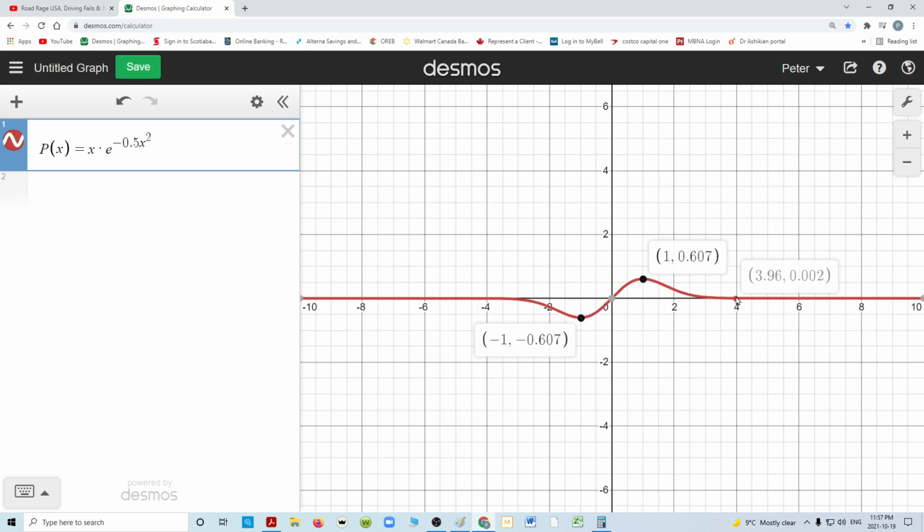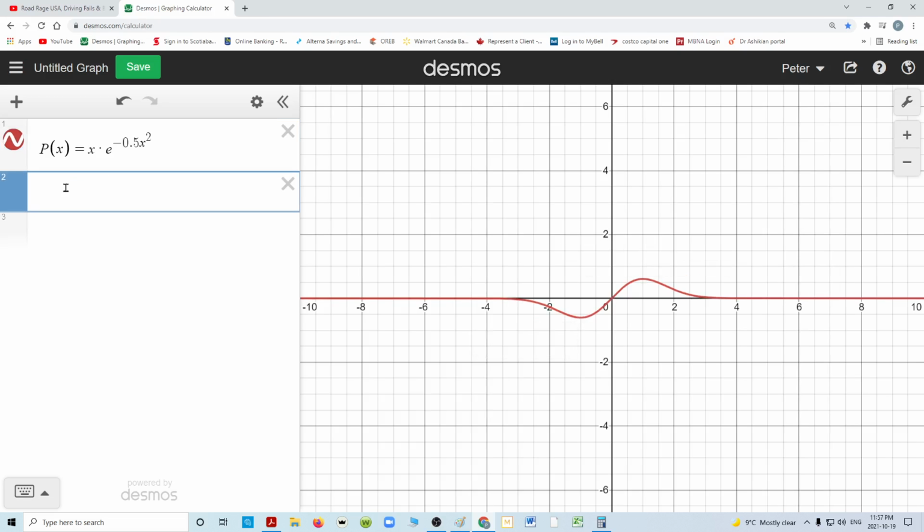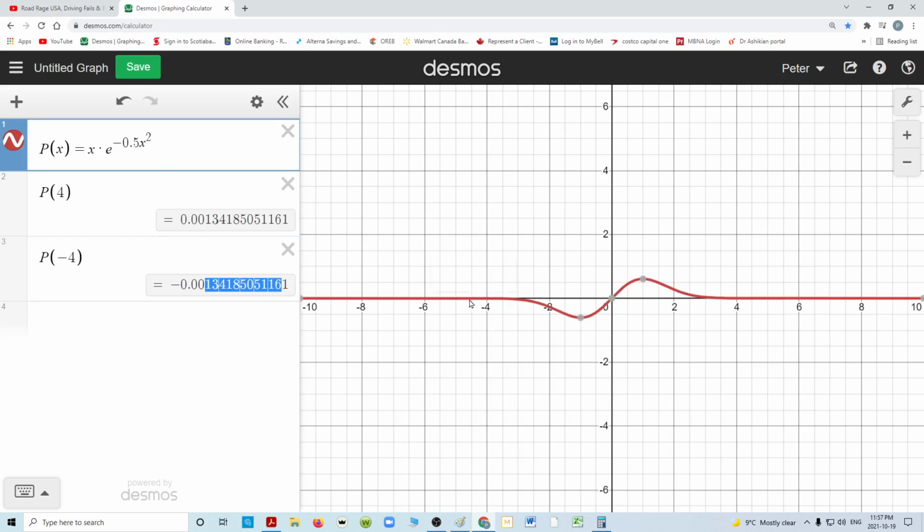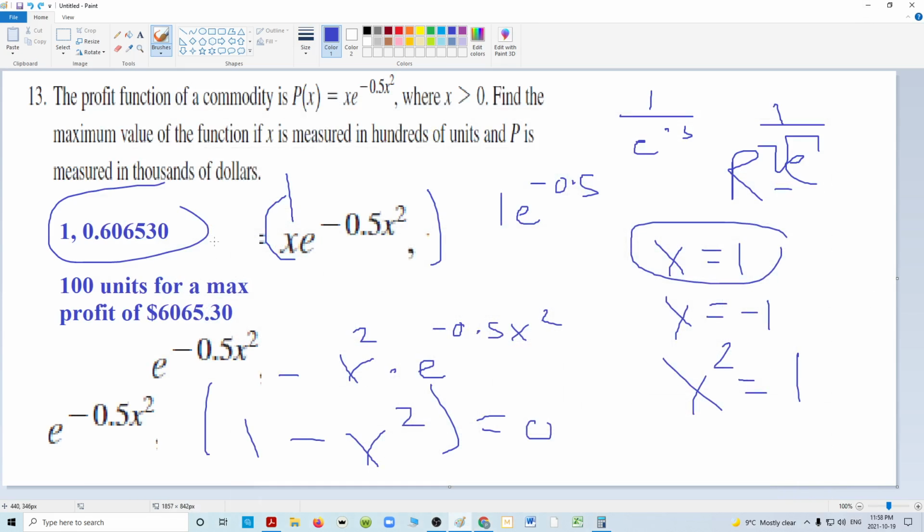And I bet you, anything we find, I bet you P of 4 will yield me the opposite of P of minus 4. Yeah. So one has a negative, but the value itself is the same. Okay, pretty much answers that.